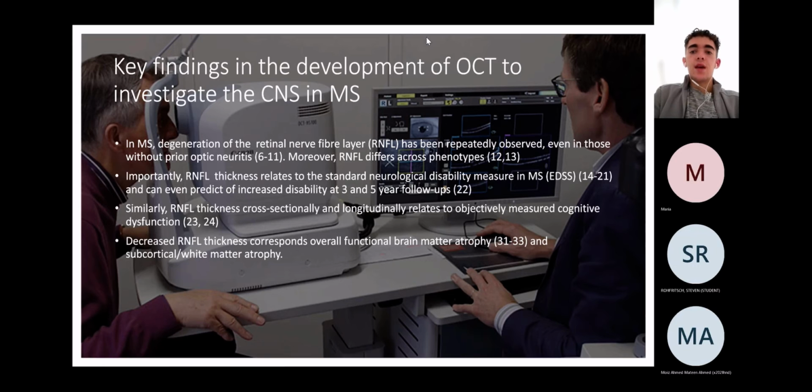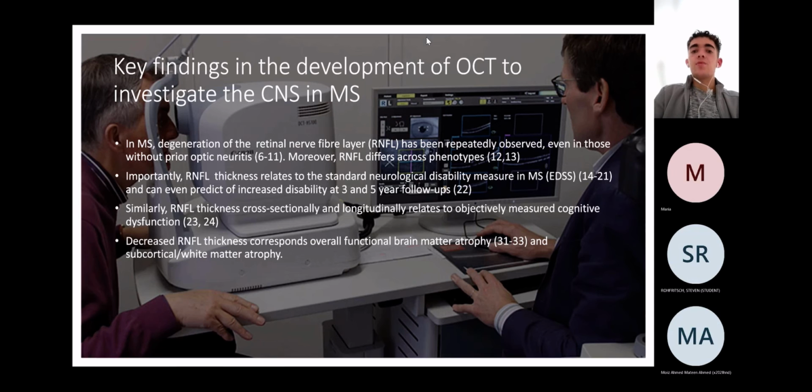And this is true even in those who haven't had optic neuritis, or inflammation of the optic nerve, which occurs in about, I believe, 80% of people with MS in their lifetime. Again, inflammation of the optic nerve and of course, damage to it. But even in those who haven't had it, or if you image them prior to optic neuritis, they still show neurodegeneration within the retinal neurofiber layer, RNFL.